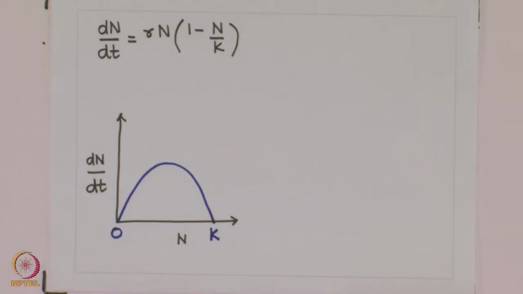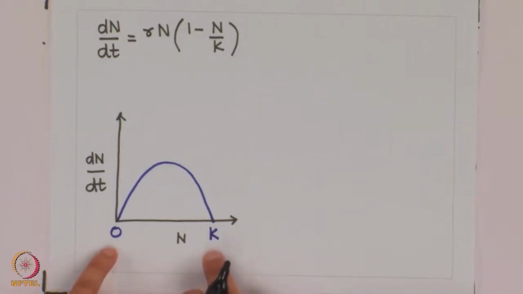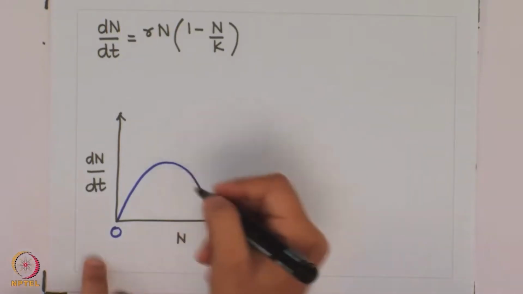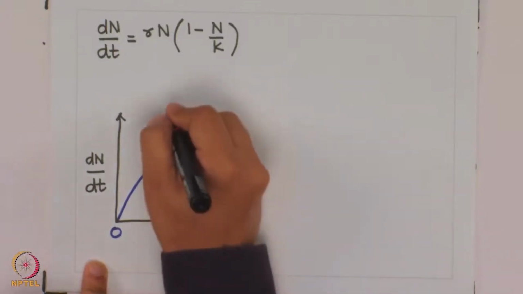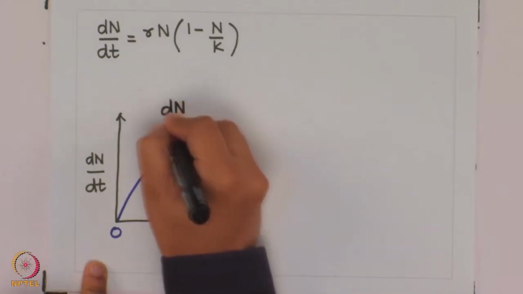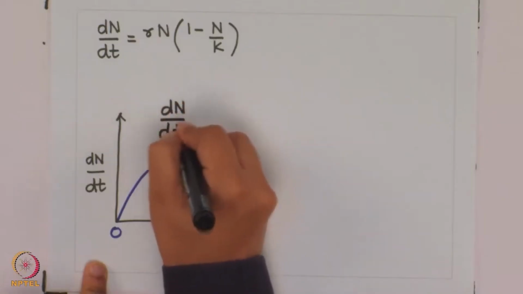And one thing that you should realize is that between n equal to 0 and n equal to k, for simplicity's sake, we will constrain ourselves to this region only. One thing that you should realize upon looking at this graph is that dn by dt in this window is always positive. So, in this window between n equal to 0 and n equal to k, dn by dt is always positive.